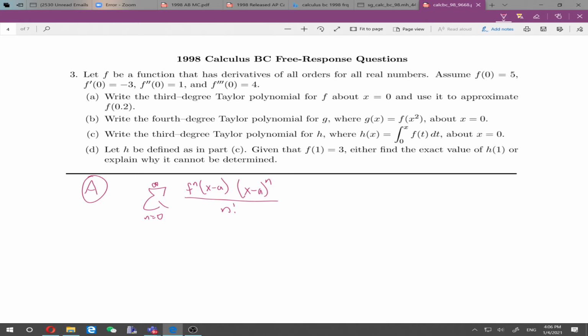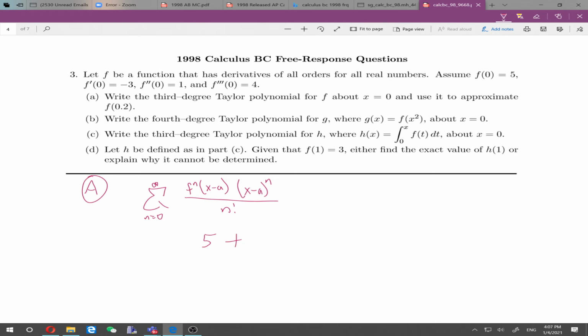So what would this look like? 5 over 0 factorial, minus 3x over 1 factorial, plus x squared over 2 factorial, plus 4x cubed over 3 factorial.